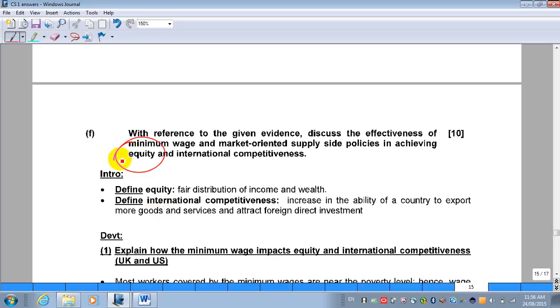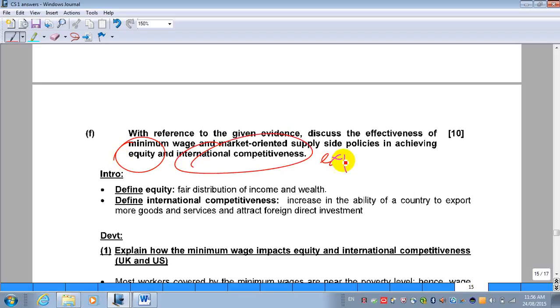The government has two microeconomic goals. One is economic efficiency. The other is the issue of equity. Equity is important. And international competitiveness.